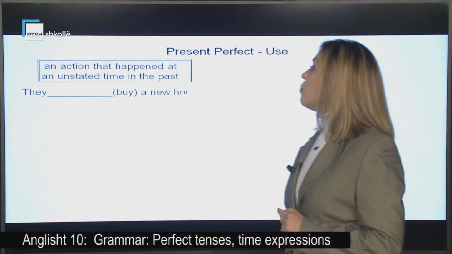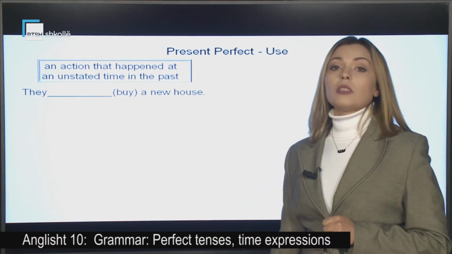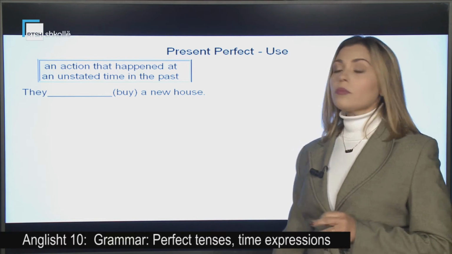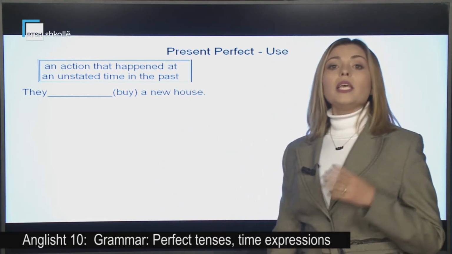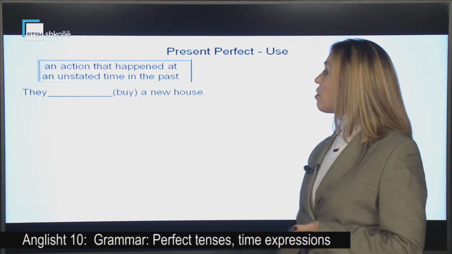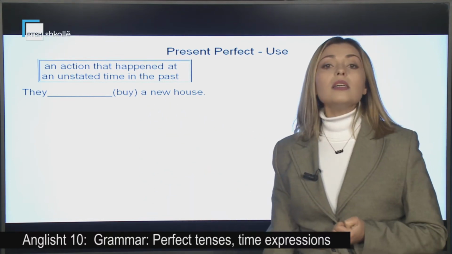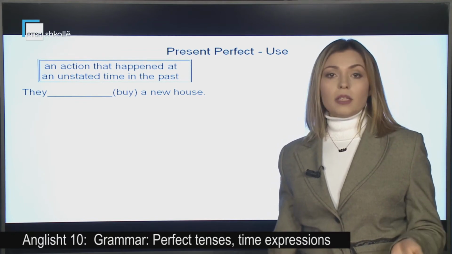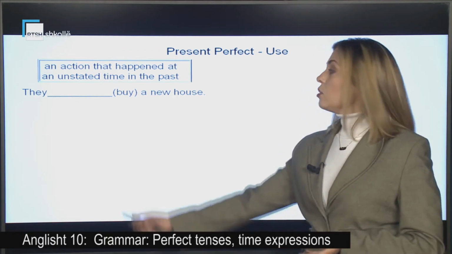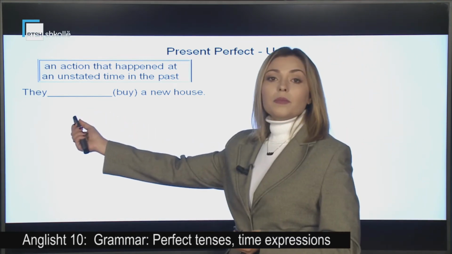Let's focus now on the different uses of the present perfect. One of the uses is that it refers to an action that is unstated, which means we don't know when it happened in the past. Could you please fill this in?